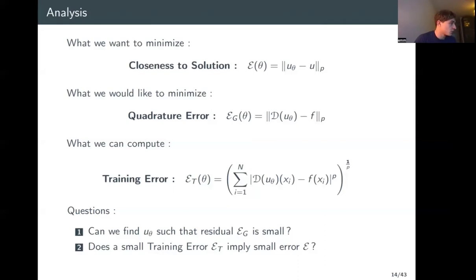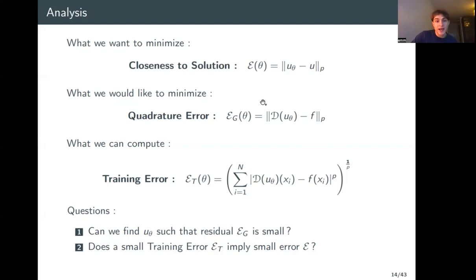This is what we'd like. Once we run our algorithm, we want to be sure that our recovered ansatz, u theta, is actually close to the solution. So this is what we actually want to minimize. But obviously, we never have access to the solution u, so we can't just minimize this in a straightforward way.